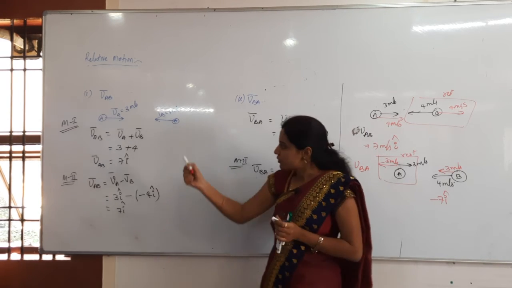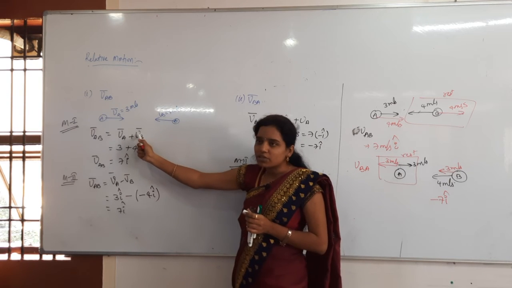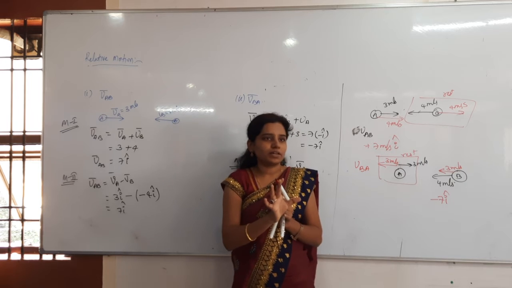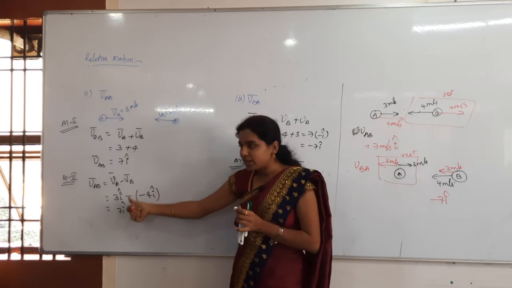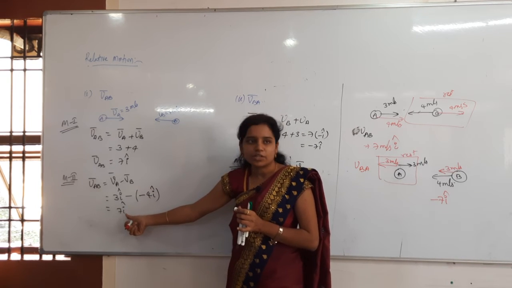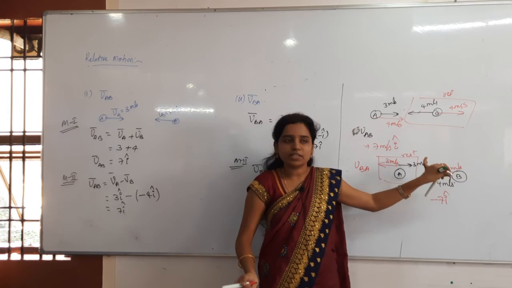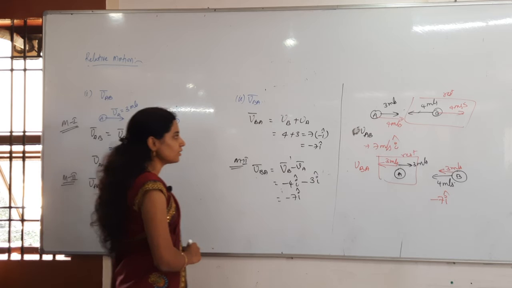Instead of following the first method, remember, whether they are approaching or receding, that and all is a big thing only. If you take either i cap and then j cap like that, you can do it by the general formula, otherwise the stopping method. Anything you can follow. Copy all the methods.